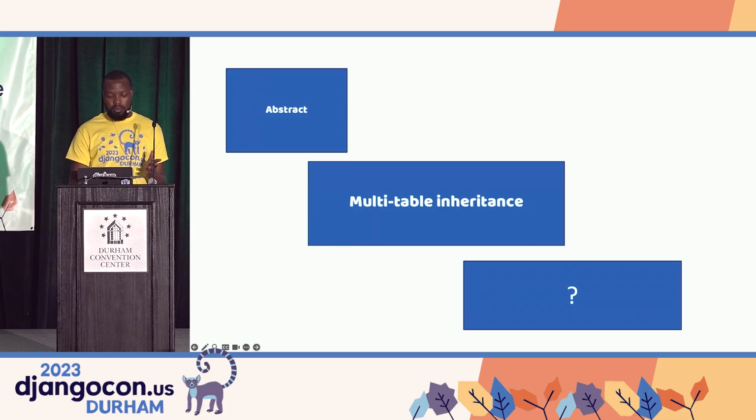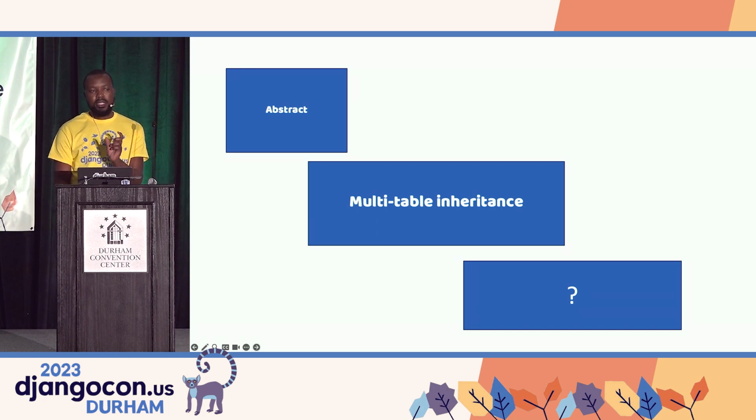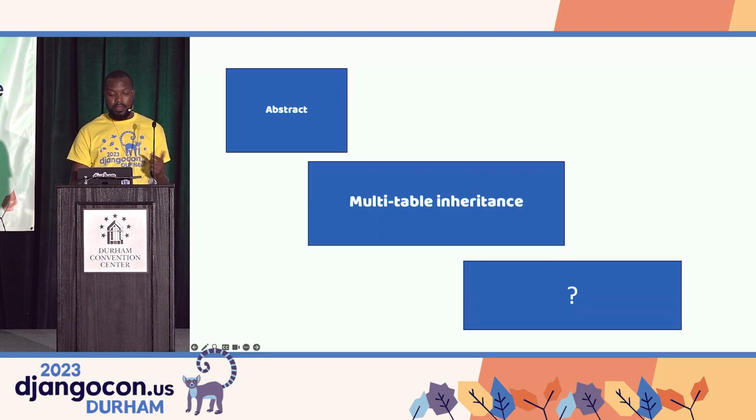Yeah, so we are going to look at these 2 inheritance types that we have, and then compare them to the proxy model, and that's how proxy can be very useful for you when you are working on an existing project that just needs new functionality.